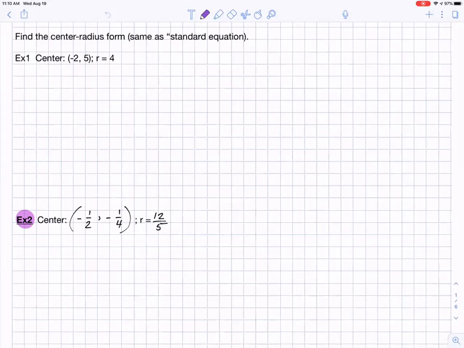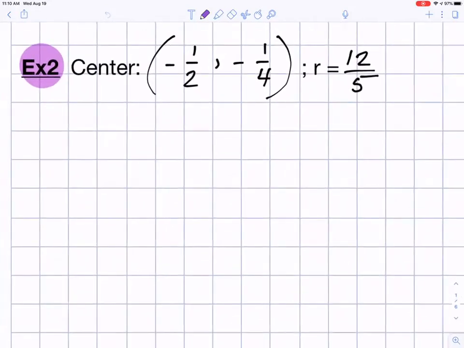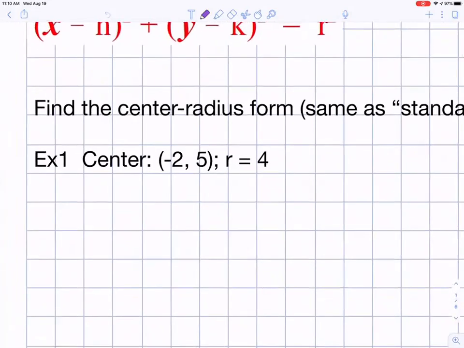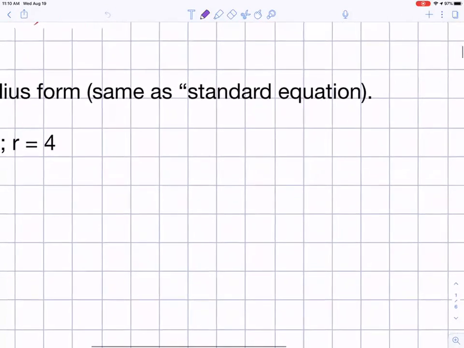Okay, all right, so then let's just jump right into example number 2. We'll enlarge that there so it's a little bit more readable. I've been handed the center, I've been handed the radius, and the directions told me to find the center-radius form, AKA standard equation.